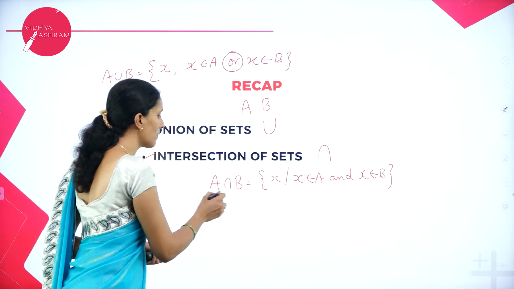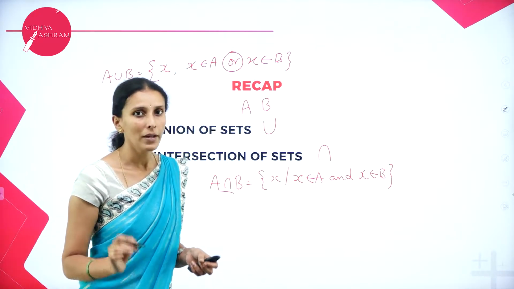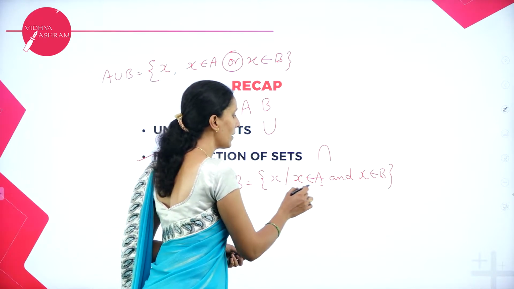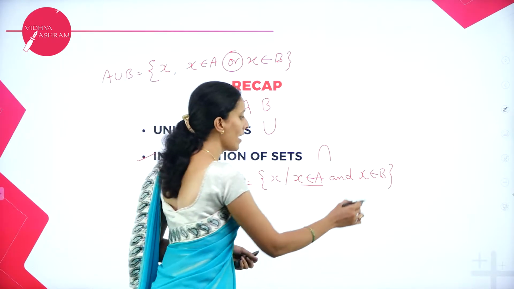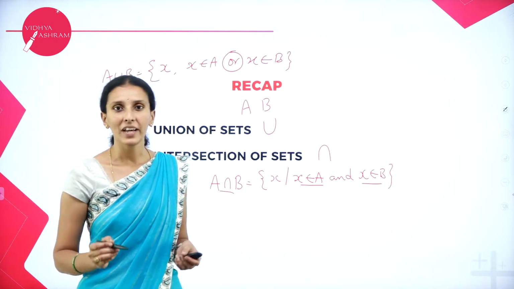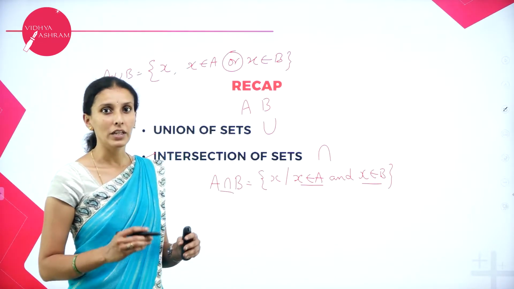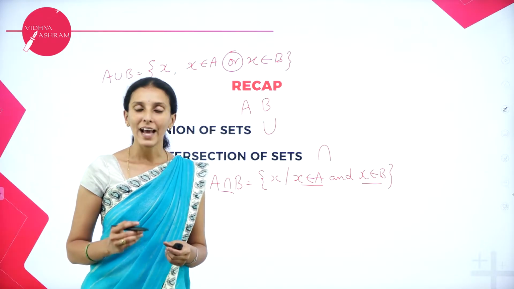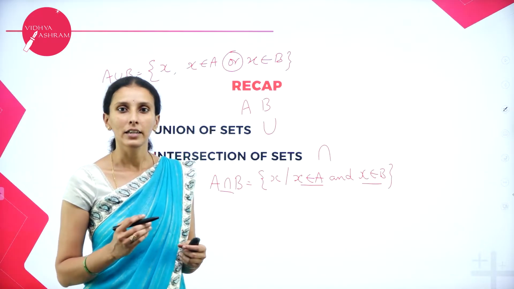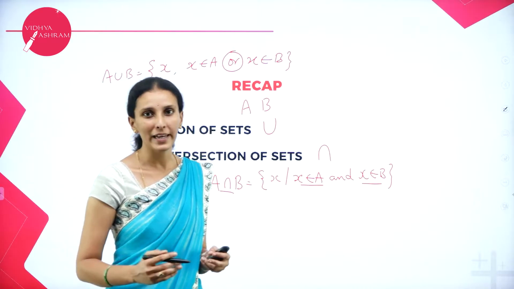But when it comes to intersection, the common elements are written. That means the element should be present both in A as well as B. Also we have learned how to write the intersection and union of any three sets, and of many sets.